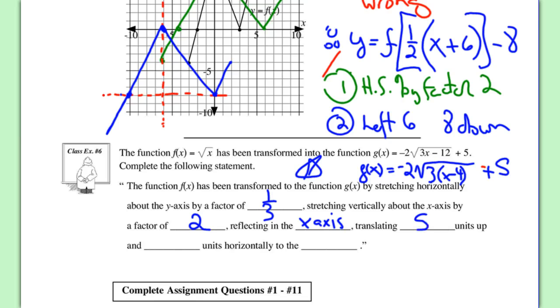And here's where people would normally say 12, and they would have to cry. But we're smarter than that, because we've learned that we have to factor that out, and we're going to say that it's 4 units horizontally to the right. And they're going to get tricky, hopefully, in your assignments, and they're actually going to have negatives. Okay, so be really careful, and we're going to talk about this as we do our work on Monday.